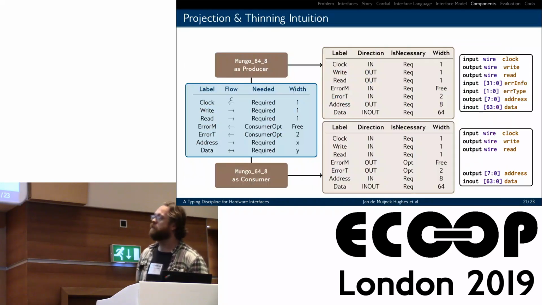So this is the intuition for projection and thinning in one slide. We have our abstract description, and we can do standard, well-described transformations. If we are receiving some constant information from the system, the direction is always going to be in. If we have a signal going left to right, and we're the producer, which sends things left to right, it's going to be out, and if it's receiving, it's going to be in.